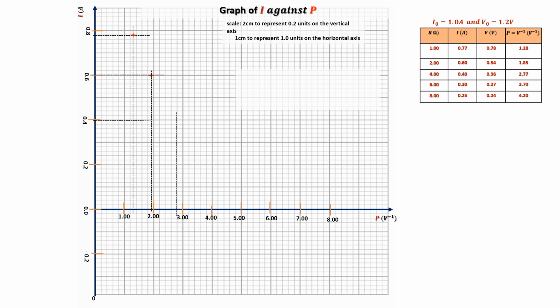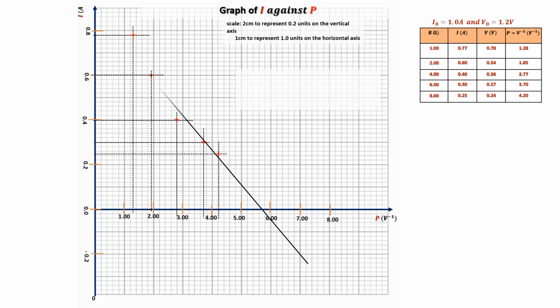We mark out the point as well. You can see that on your screen. And when the value of P is 3.7 per volt, the corresponding current is 0.3 ampere. We mark out the point. And lastly, when the value of P is 4.2 per volt, the corresponding current is 0.25 ampere.